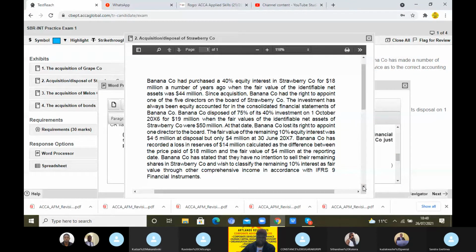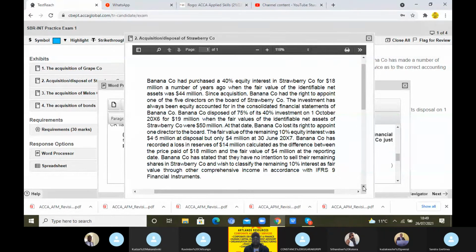Now, let us read together. Banana had purchased the 40% equity interest in Strawberry Company for 18 million a number of years ago, when the fair value of identifiable net assets was 44 million. Since acquisition, Banana had the right to appoint one of the 5 directors on the board of Strawberry.